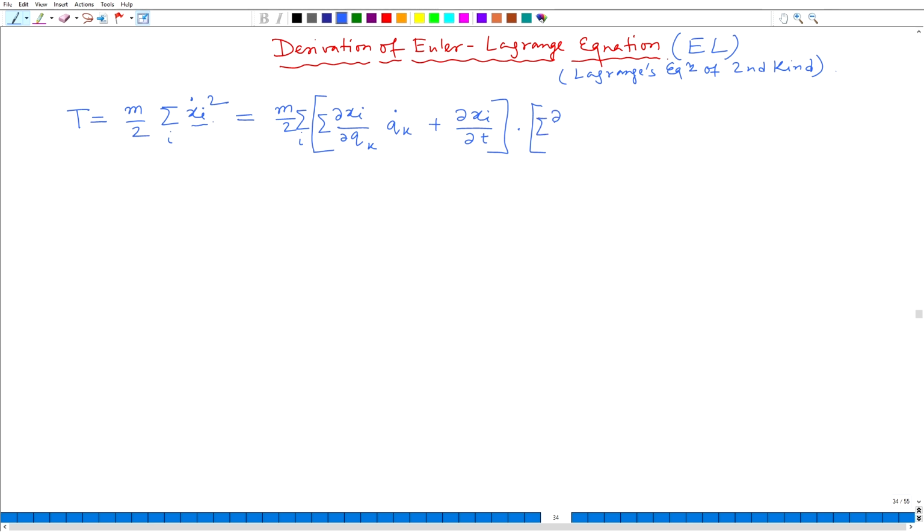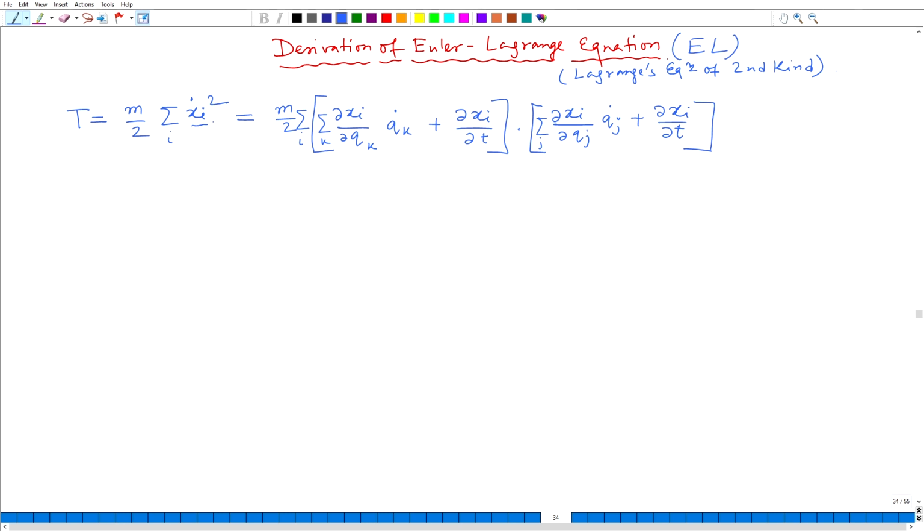Here it is k, here you can write j: summation over j of del x_i by del q_j times q_j dot, plus del x_i by del t.